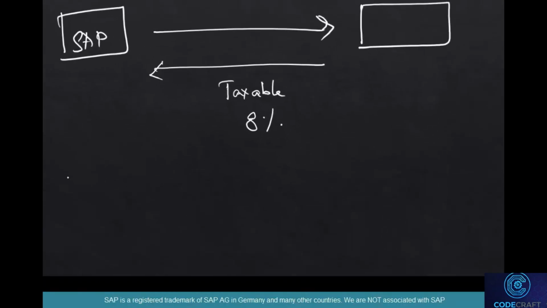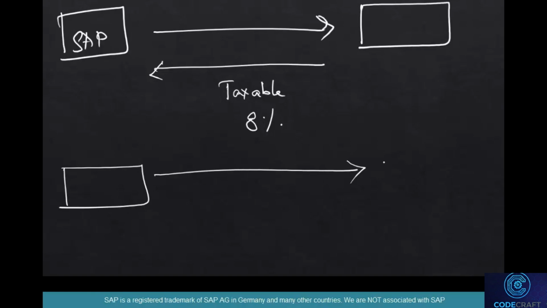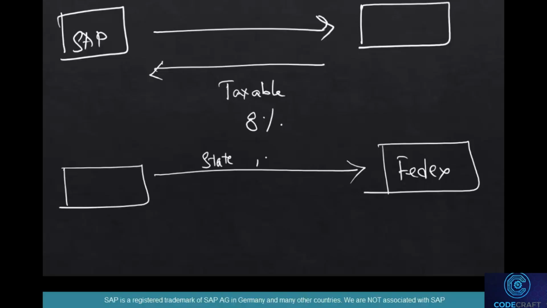Another simple example is you want to ship some goods to a customer, and how do you get the freight? You have a connection with a FedEx system or UPS system, and you give some parameters, say the state it's going to ship to, the weight, volume, and so on, and it's going to return a value, say $21 is the freight.